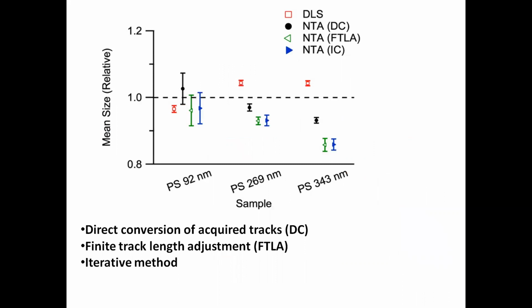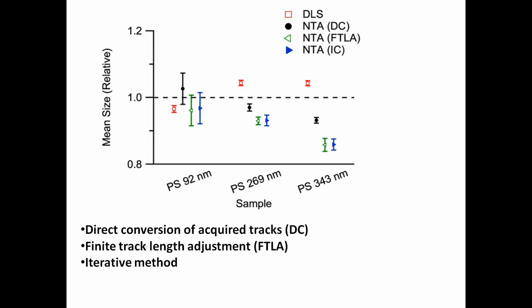Now here you can make some statistical analysis of these results. So DLS is dynamic light scattering, and NTA is nanoparticle tracking analysis. This is direct conversion of acquired tracks, DC.